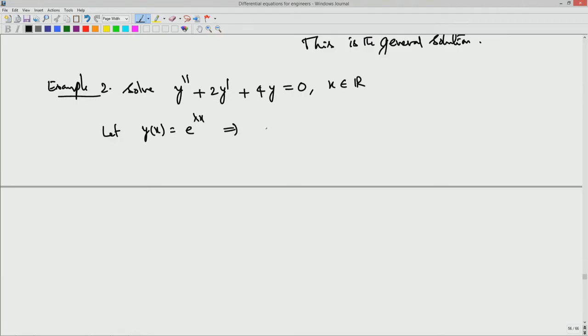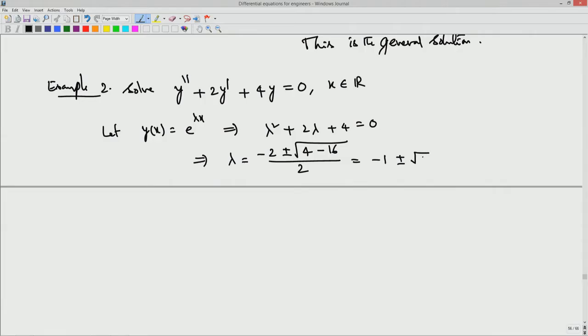If you substitute, this will give me lambda square plus 2 lambda plus 4 equal to 0. This will give me lambda equal to minus b plus or minus square root of b square minus 4 into 4, that is 16, divided by 2. So this will give me minus 1 plus or minus root 12 by 2, which is minus 1 plus or minus root 3. These are your solutions.